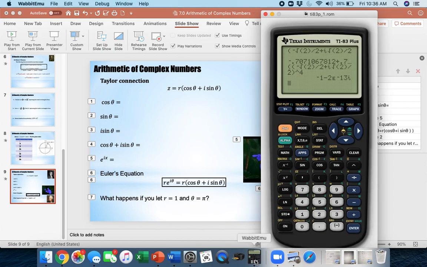What? What? e to the i pi. It's negative 1, and it's good. I mean, right? This is so crazy. So crazy. Math is so cool.